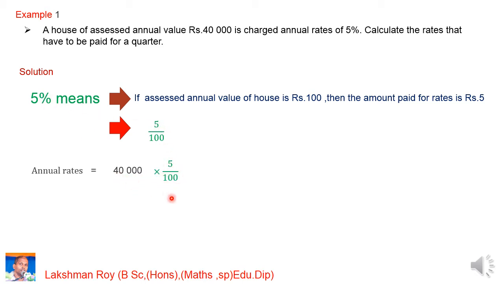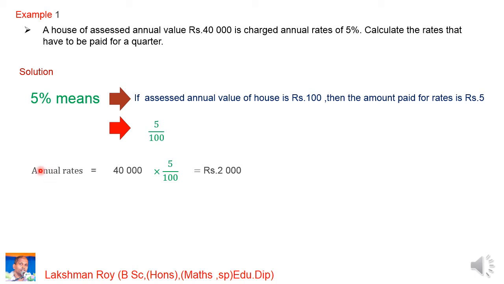If you simplify this, you can get the annual rate. 40,000 and 100 can simplify. You can cut the zeros, then 400 multiplied by 5 gives 2000. This is the rates that should be paid for a year.